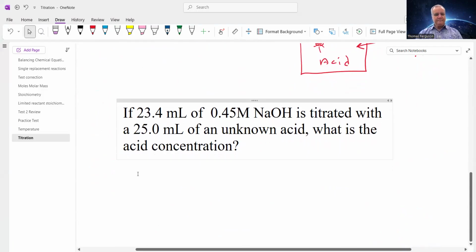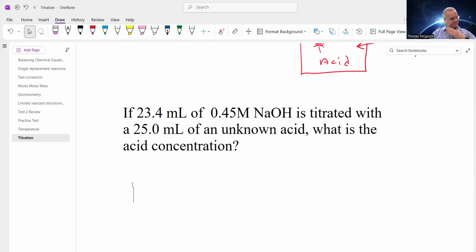Now, gosh, excuse me. In my class, I like you to convert to liters, because concentration is defined as moles per liter. So if we're measuring in milliliters, we convert to liters. However, sometimes your instructors in 1A or 2A may keep everything in milliliters and then they use millimoles.